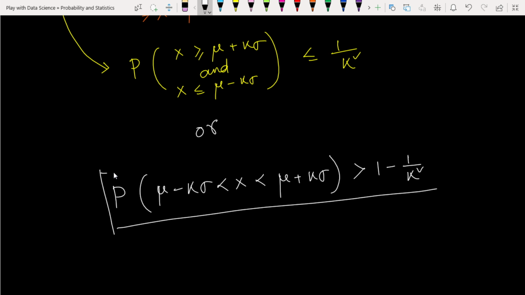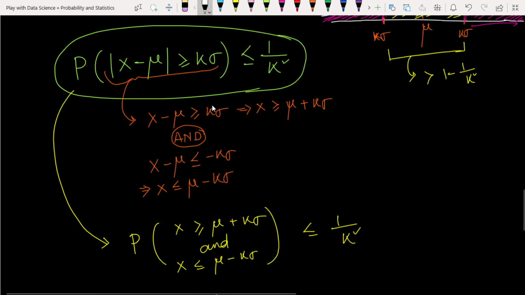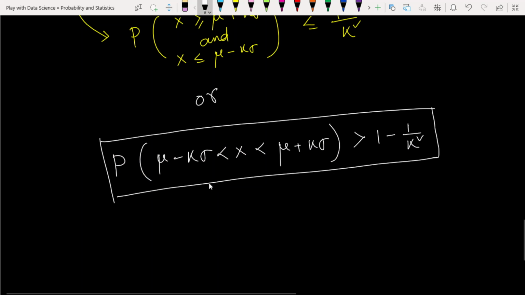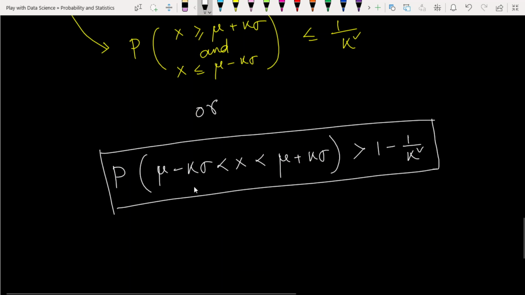I think this is easier to understand. Most books write the other form, but I prefer this one. Both formulas are the same, but this one is more usable in the real world.